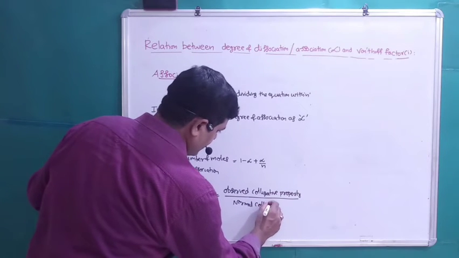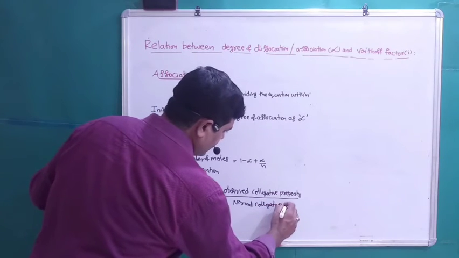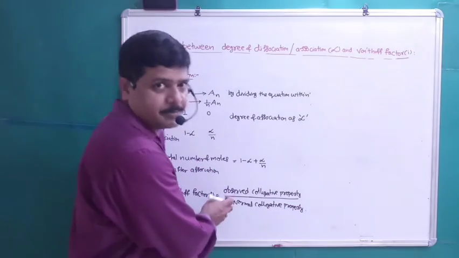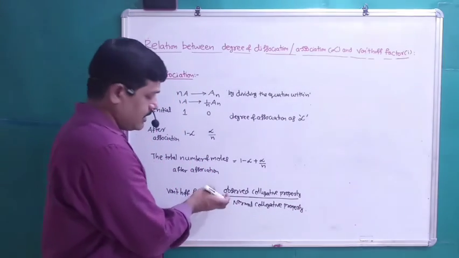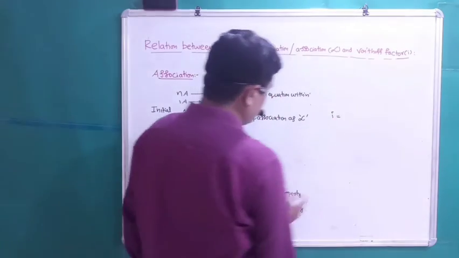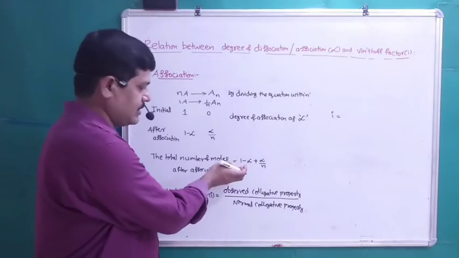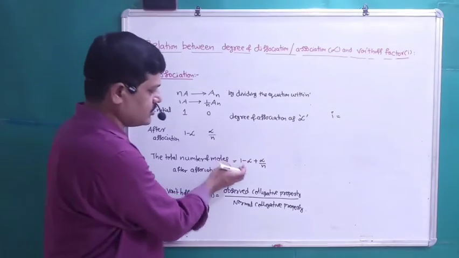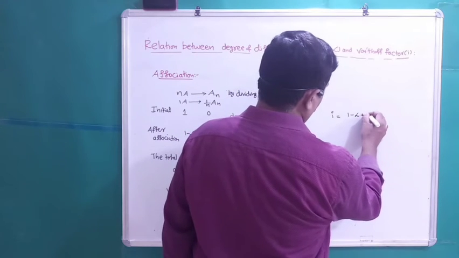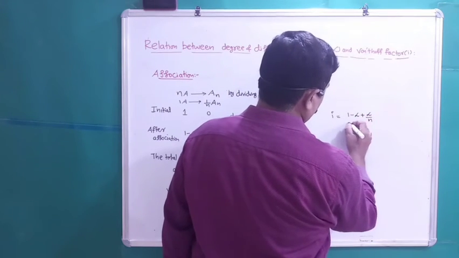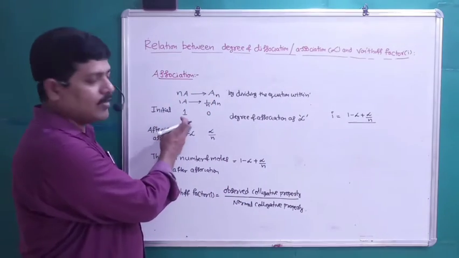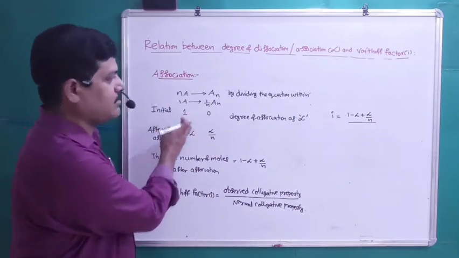So we substitute these values: i is equal to the number of moles after association, 1 minus alpha plus alpha by n, divided by the number of moles before association, that is 1 mole.